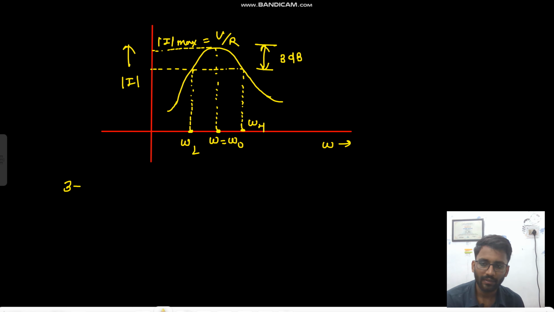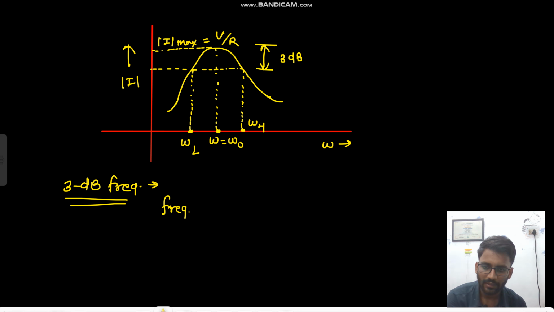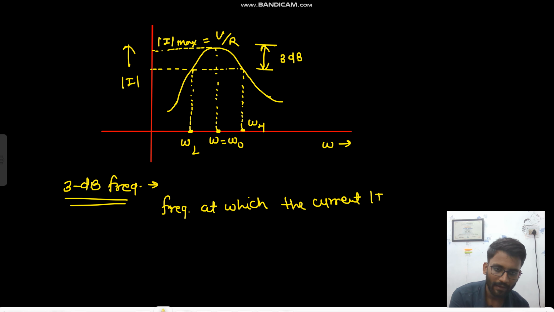What is 3 dB frequency? It is the frequency at which the current I is I max by root 2.